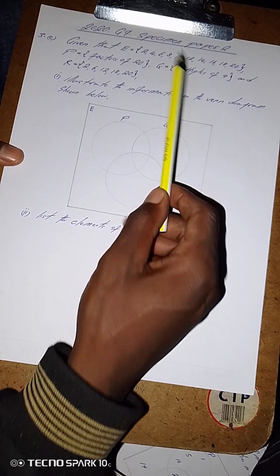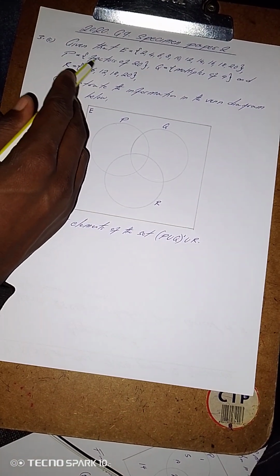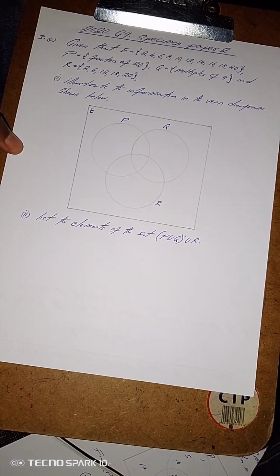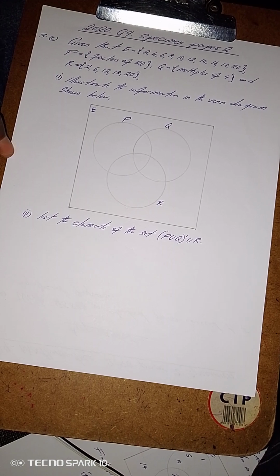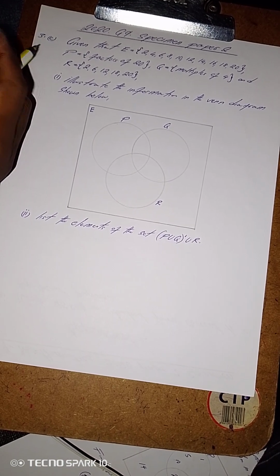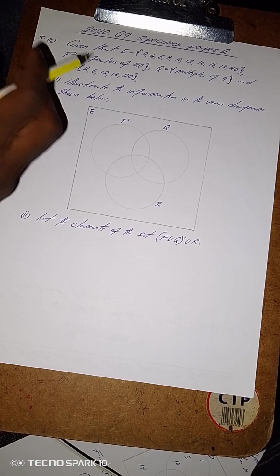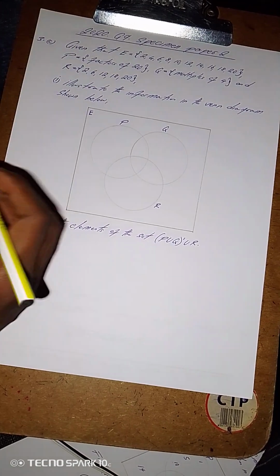I'll start with P. When they say factors of a number, factors are numbers that can go into that number without leaving a remainder. The first factor is 1, and the last factor is the number itself. In this case, the last factor should be 20.